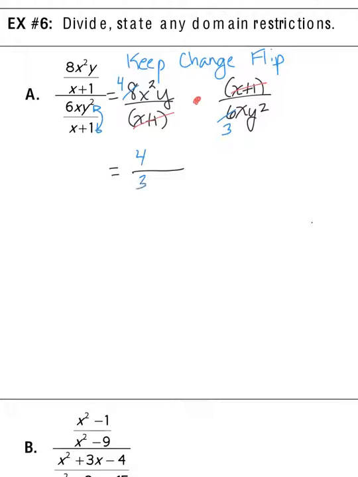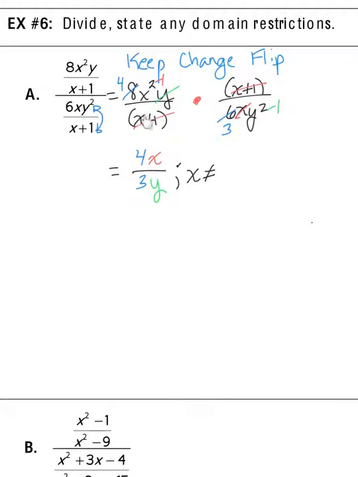And then let's go alphabetically. So my x's, this x can cancel with 1 upstairs, so I'm left with an x upstairs. And then my y's, this y can cancel with 1 y downstairs, so I'm left with 1 y downstairs. And then restrictions. Look at your original fully factored denominator here.